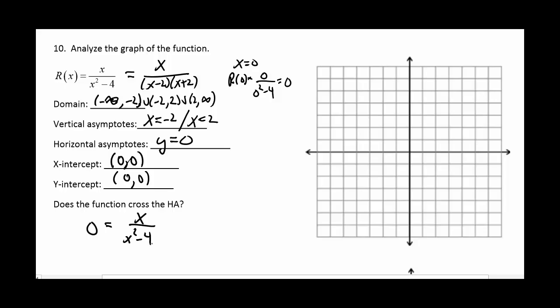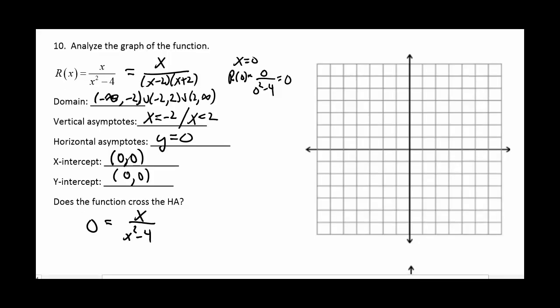One way to think of this, I want to get rid of the fraction, so I'm going to multiply both sides by x squared minus 4, which will give me 0 equals x. So what that means is it does cross the HA at 0. And since we already know the ordered pair that's associated with, that's 0, 0.